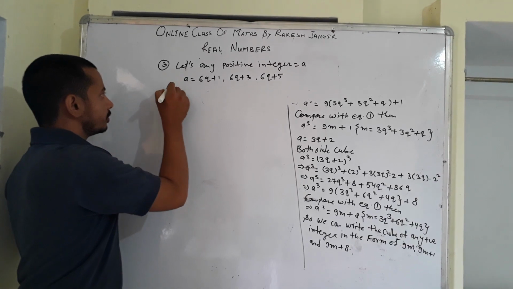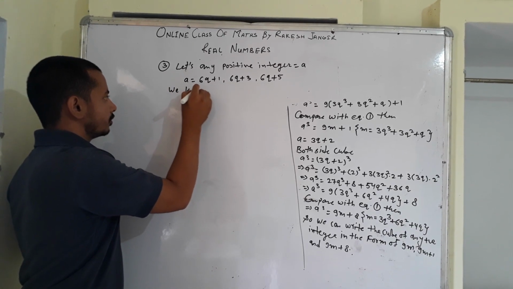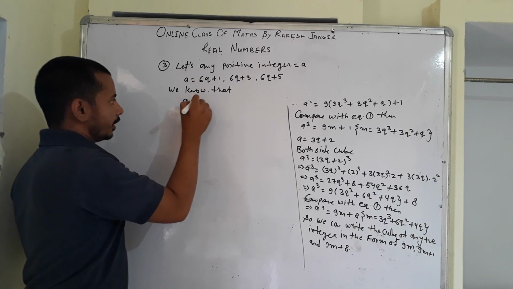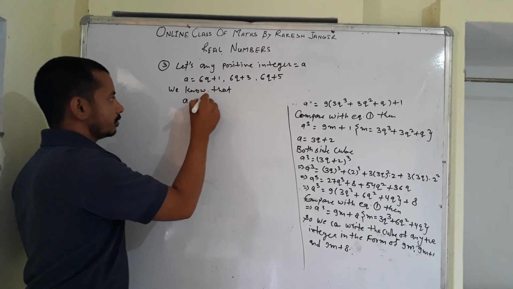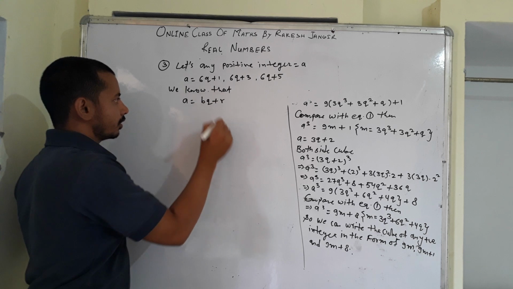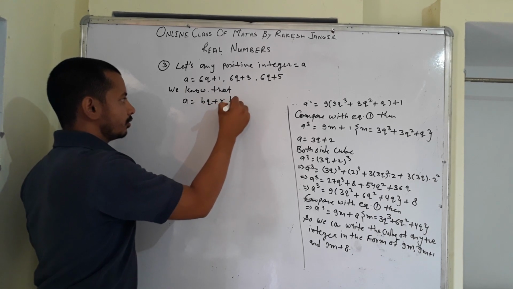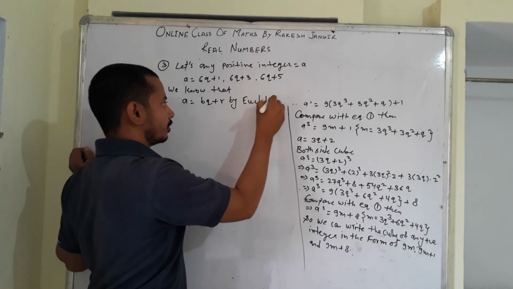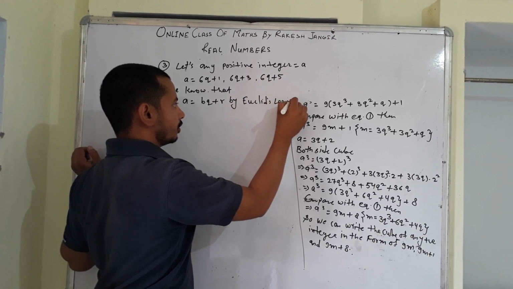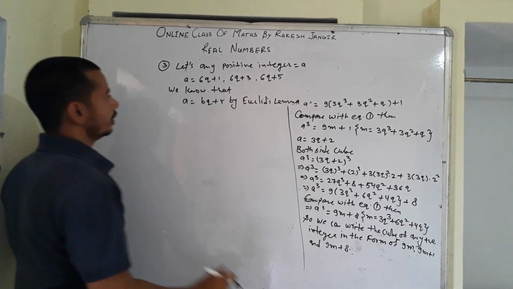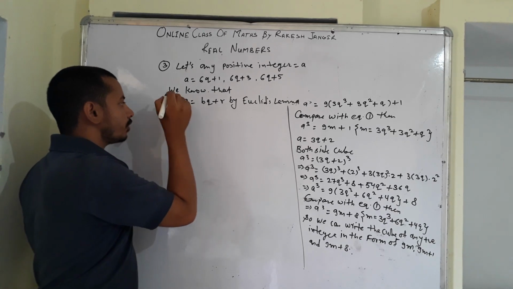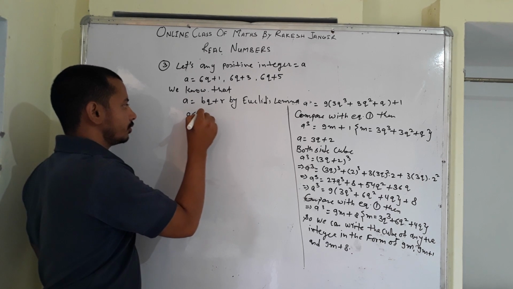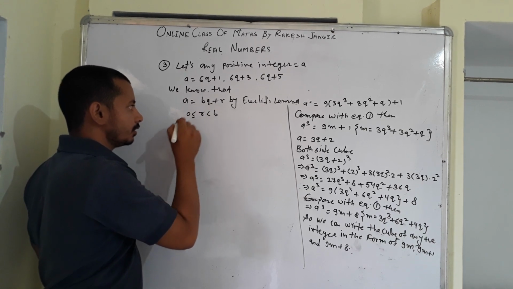We know that a equals bq plus r by Euclid's lemma. Okay, and the value of r is greater than or equal to 0 and less than b.